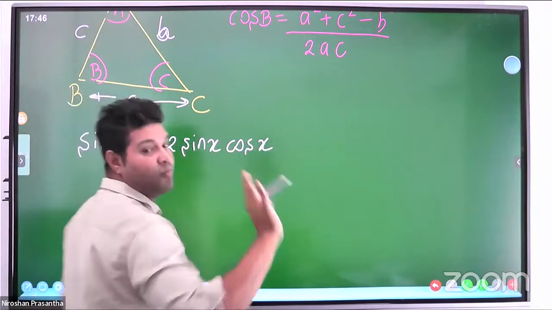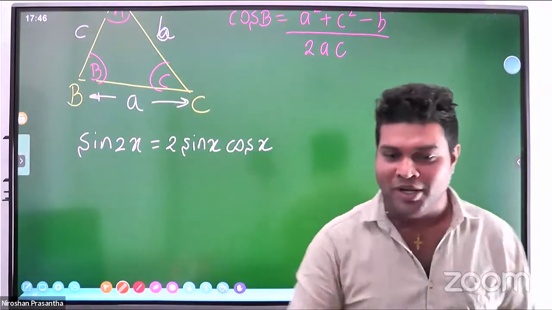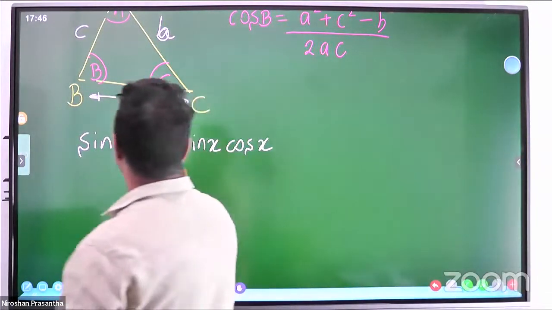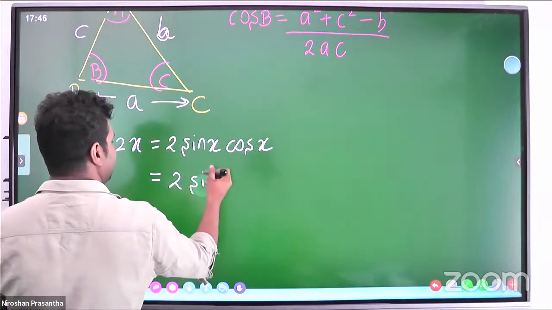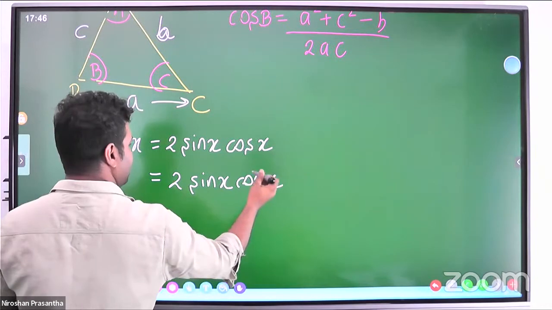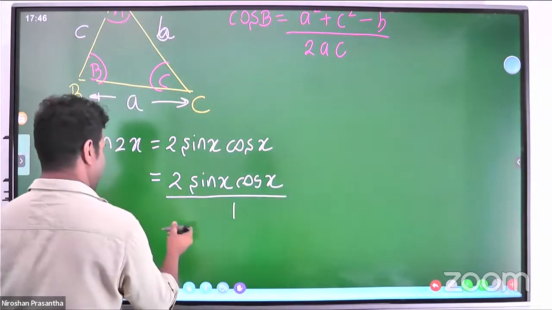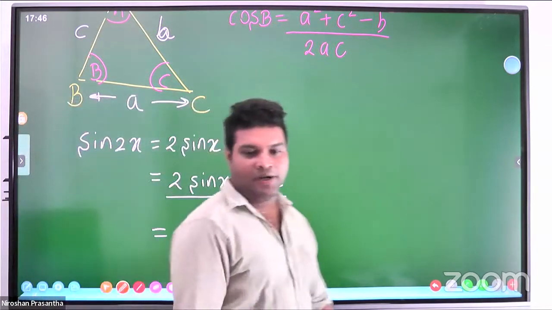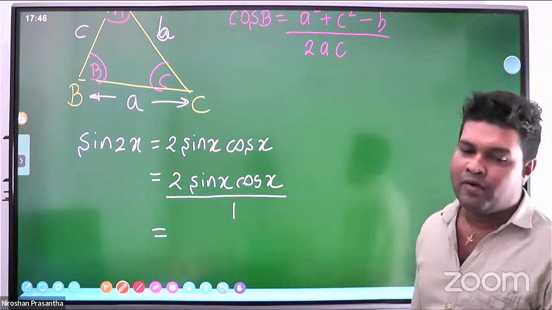Five marks for this. But we have to prove it. Now, to prove it, 2 sine x cos x has a 1 below. How to prove it? Instead of 1, what should be written?